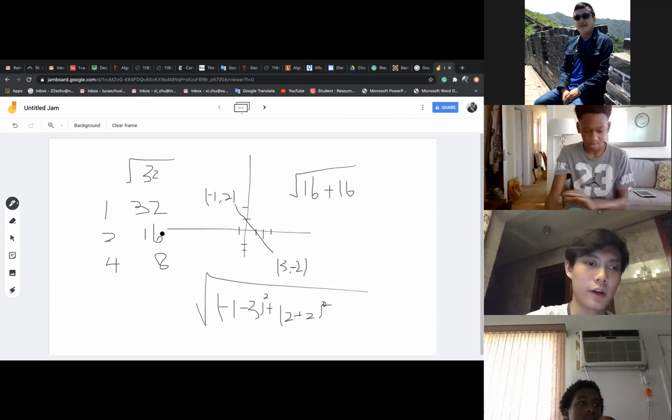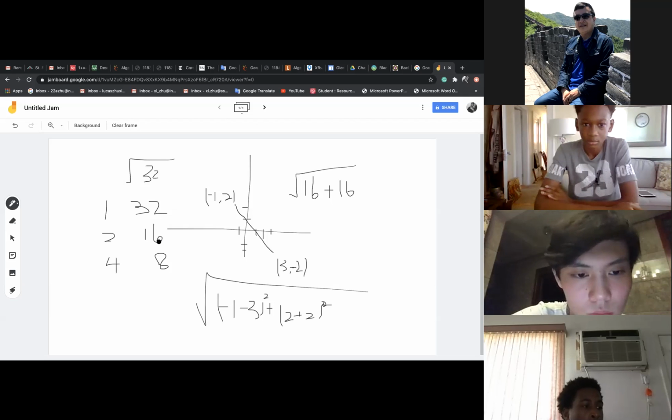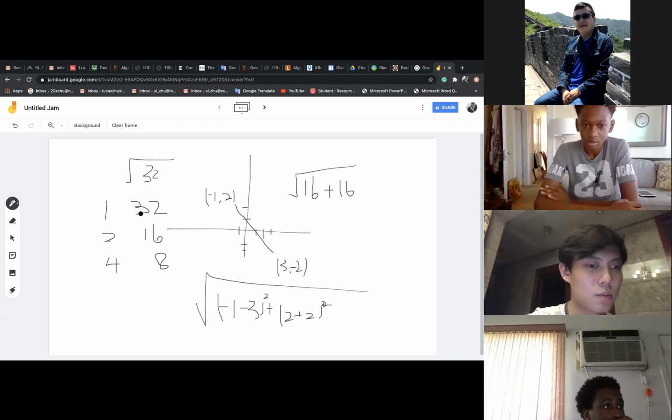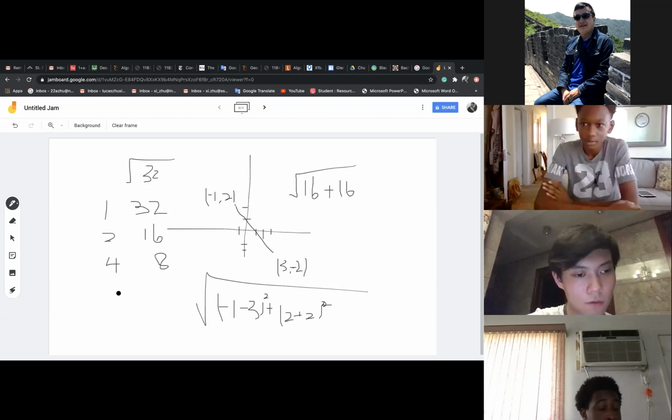You want to get 32, right? And see, is there a perfect square in each group? 16 and 2. So what's the perfect square of 16? What times what? 4. Yep. So 4 squared, right?